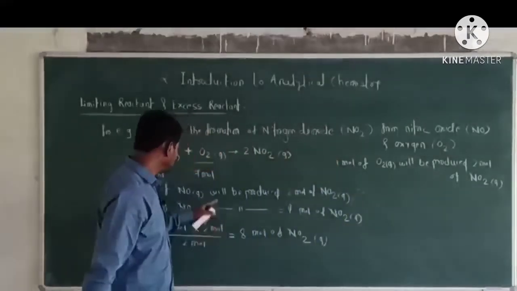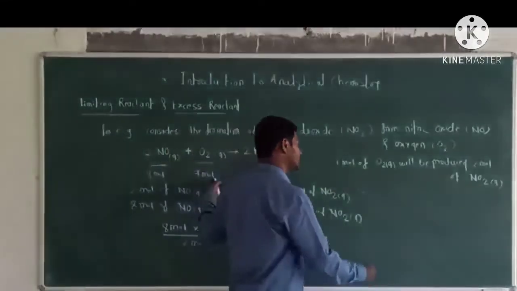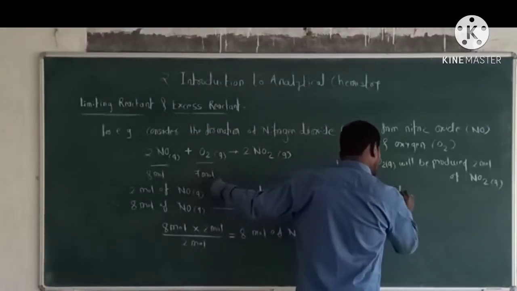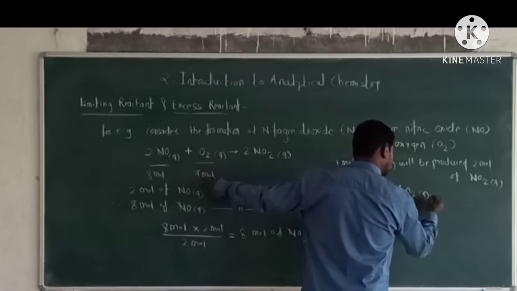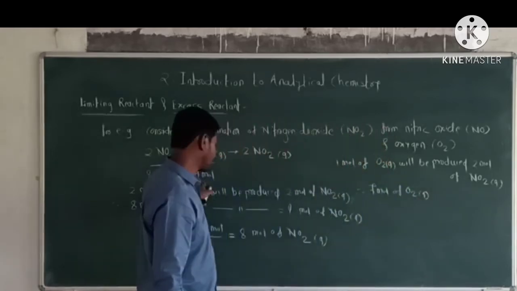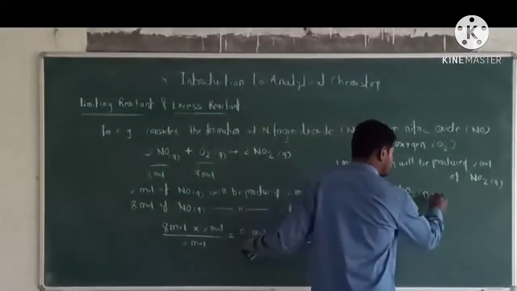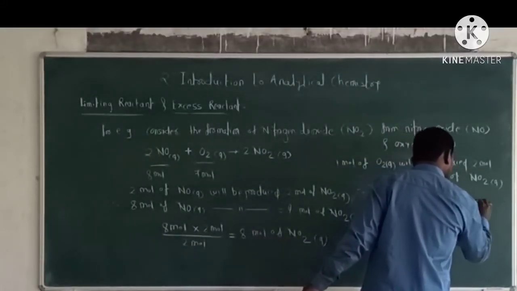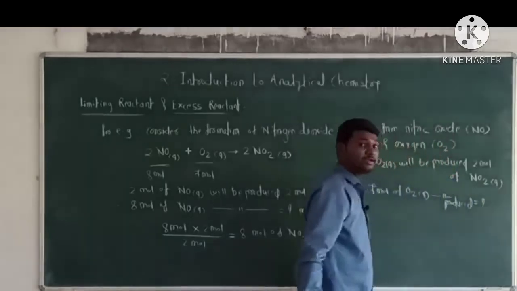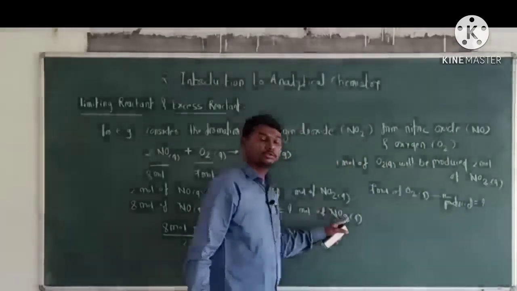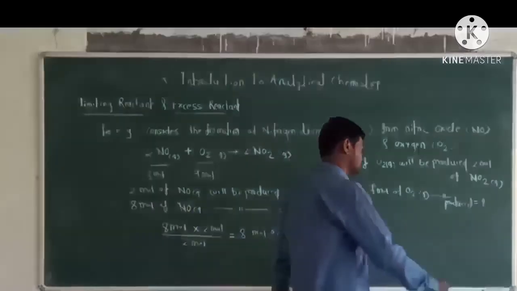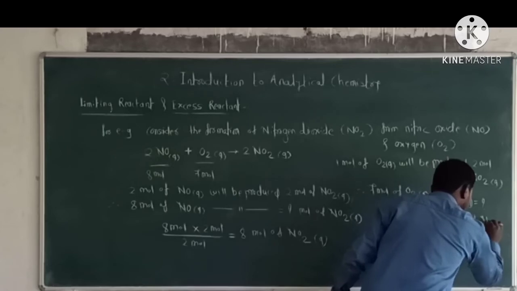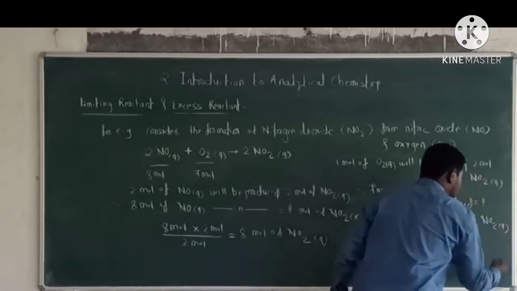Now therefore, 7 moles of gaseous oxygen will produce how many moles of gaseous nitrogen dioxide?